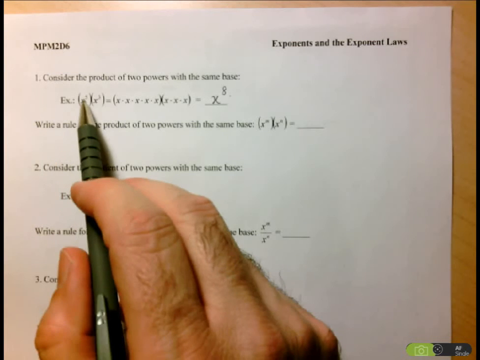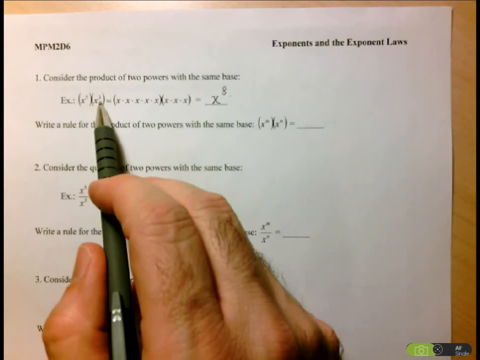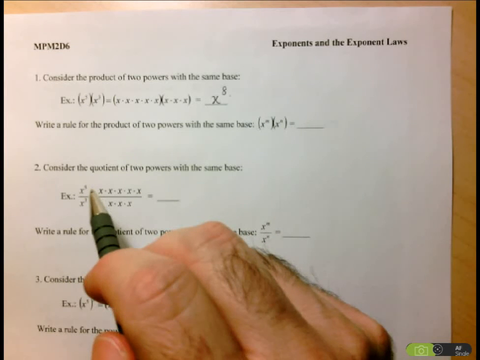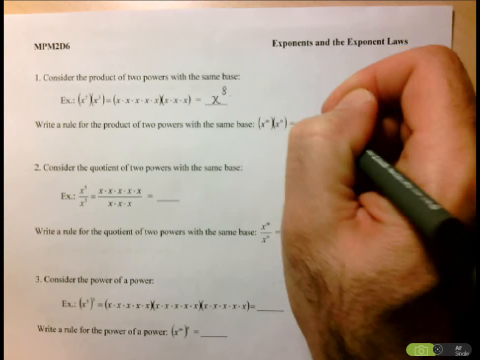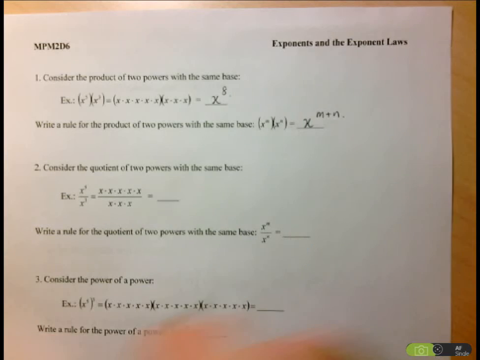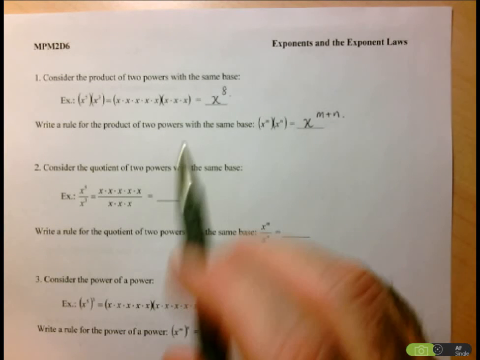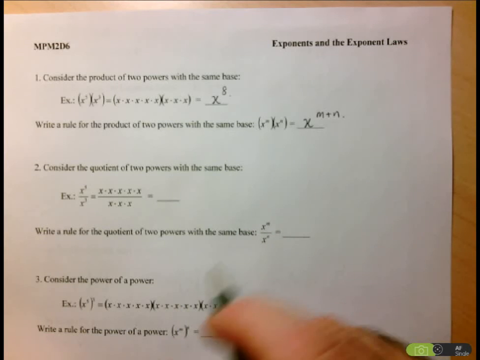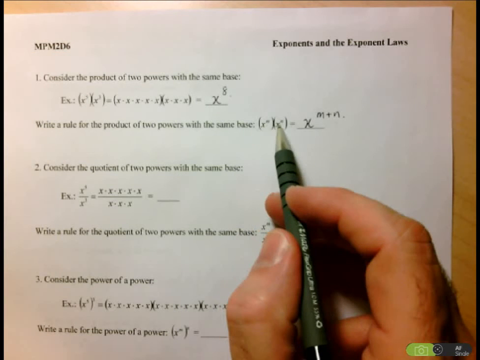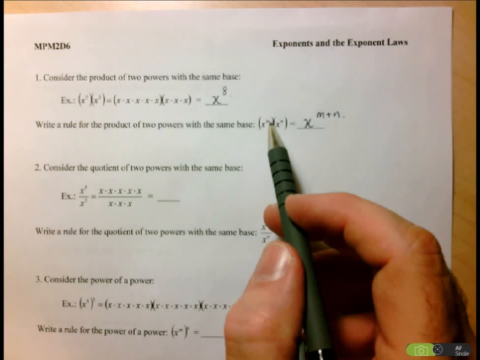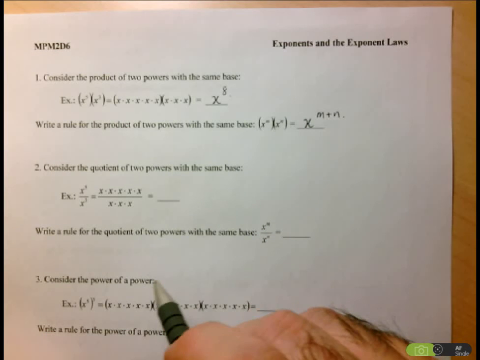You notice that when you multiply 2 powers with the same base, it's just a matter of adding the exponents and keeping the base the same. So this is the multiplication rule for powers, but what's very important is that the bases have to be the same and it does not change in your final answer. It's only the exponents that get added.